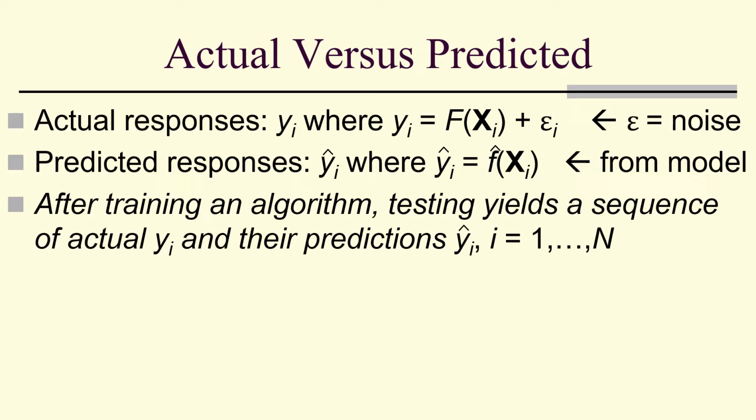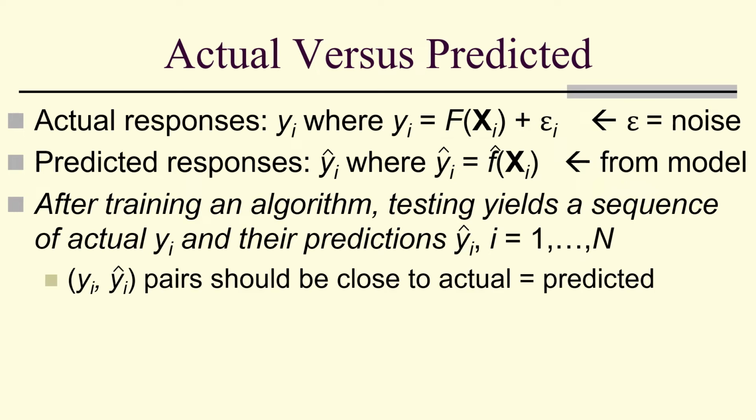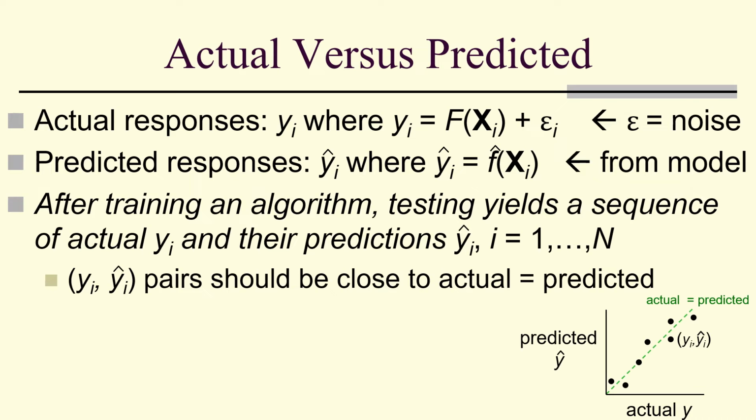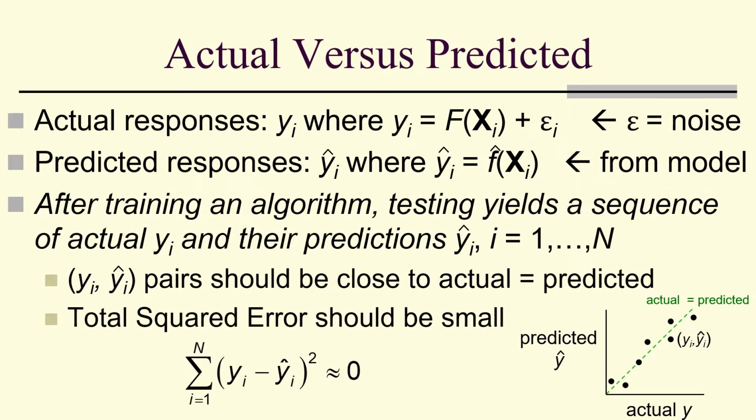So therefore, after we've trained an algorithm, the testing process yields a sequence of actual y sub i's and predicted values of those y sub i's, y hats. So if we put these as pairs, the y sub i hat should be close to the line actual equals predicted. So if we plot these as points, it should be close to this line. And ideally, the total squared error should be small.